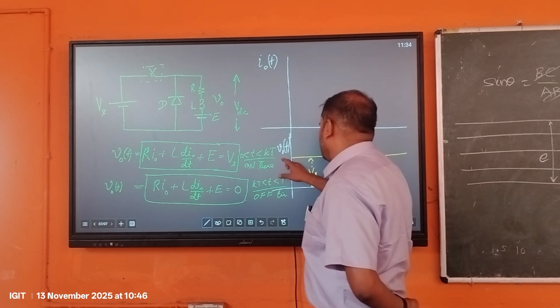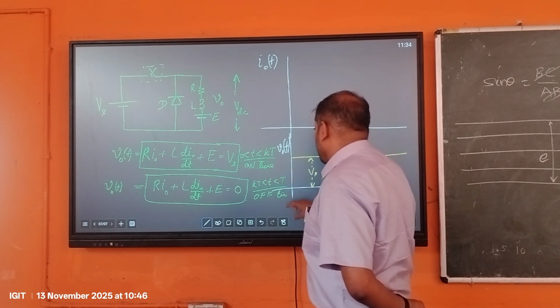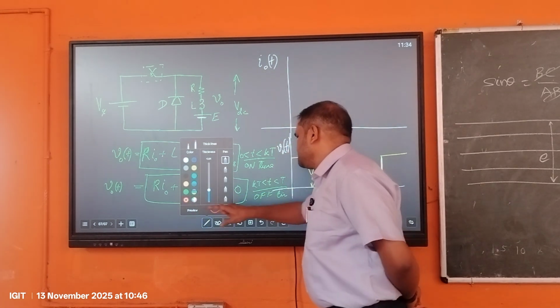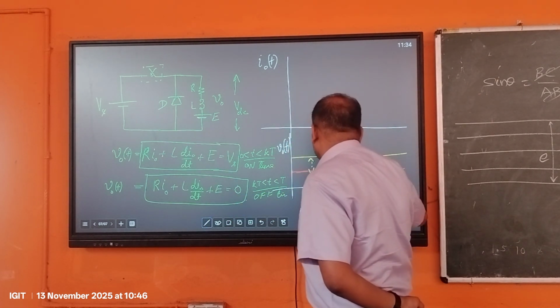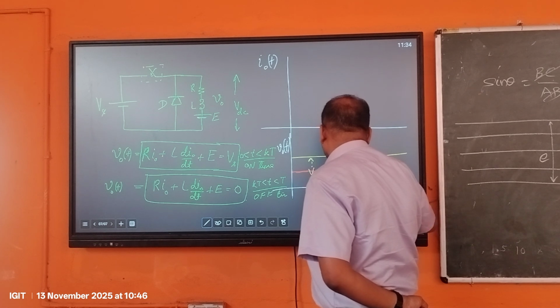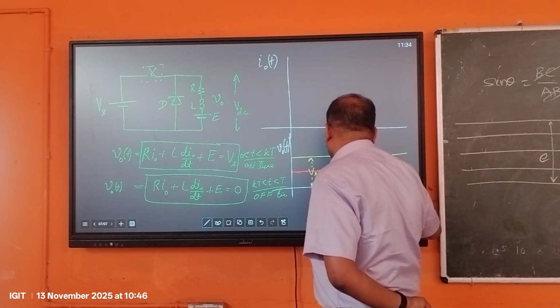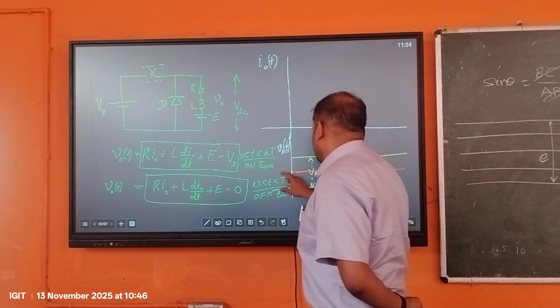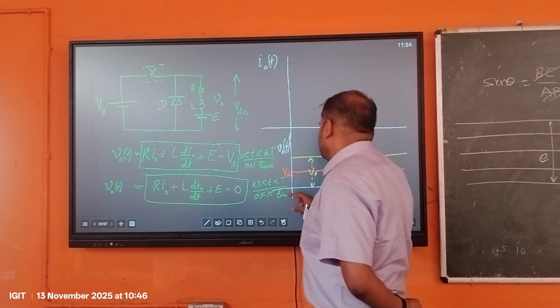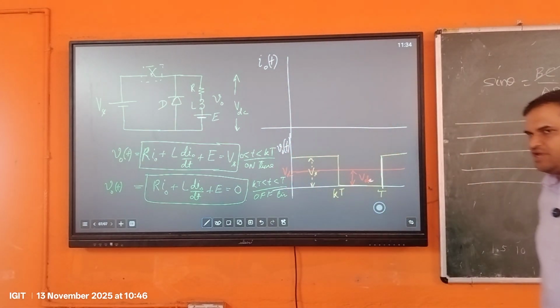So this is the value of the output voltage. We can draw a line like this, that this is the average voltage VDC. This is the average voltage VDC we get. But this is the output voltage, this yellow line, fine.